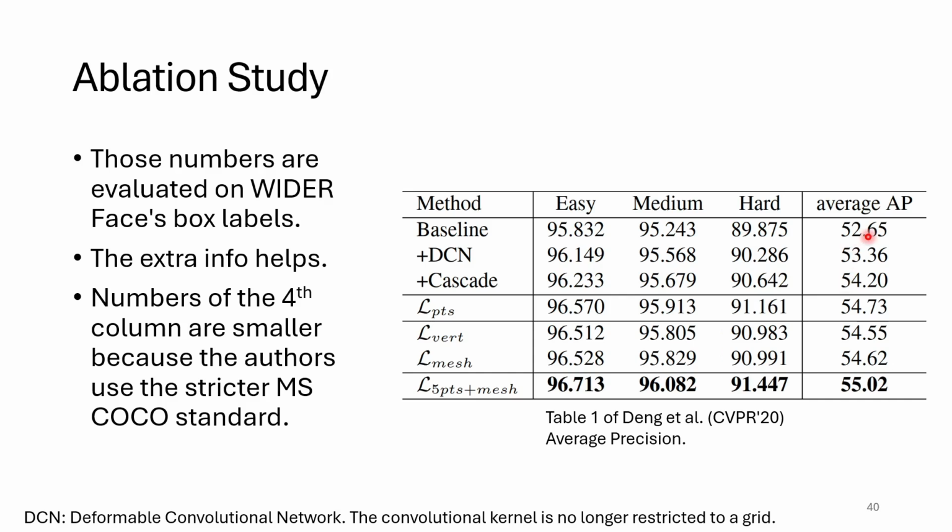We will see it later, but you can just think of it as a stricter standard, so the number is small. However, what they want to emphasize is that using their method, they can generate the best performance even on another standard, average AP.